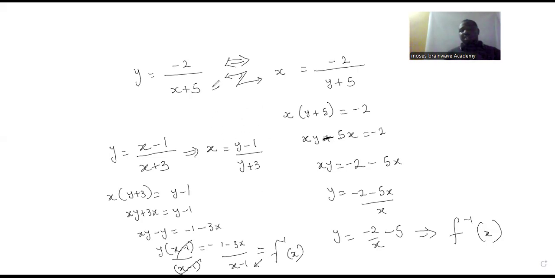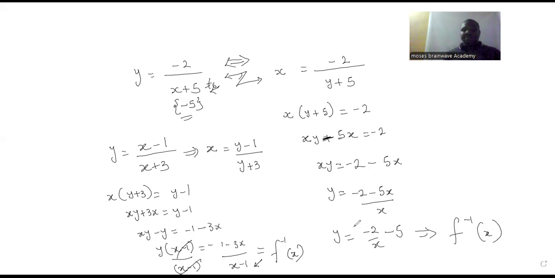Now remember, we consider the denominator when we're dealing with a function. For this function to be defined, the denominator cannot be 0. So it's everything except minus 5. So minus 5 is not going to be in the domain of this particular function.